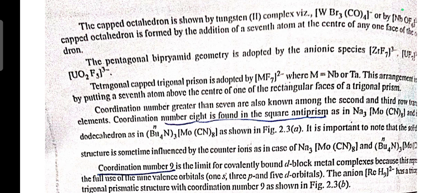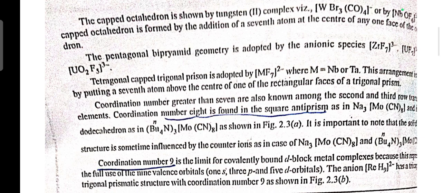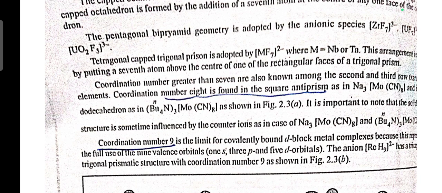Coordination number 8 is found in the square antiprism as in Na3[Mo(CN)8], and dodecahedron in (Bu4N)3[Mo(CN)8]. It is important to note that the solid structure is sometimes influenced by the counter ion, as in the case of Na3[Mo(CN)8] and (Bu4N)3[Mo(CN)8].